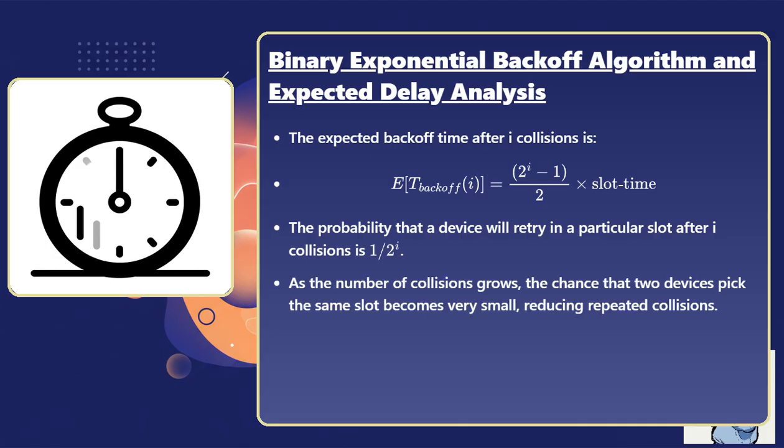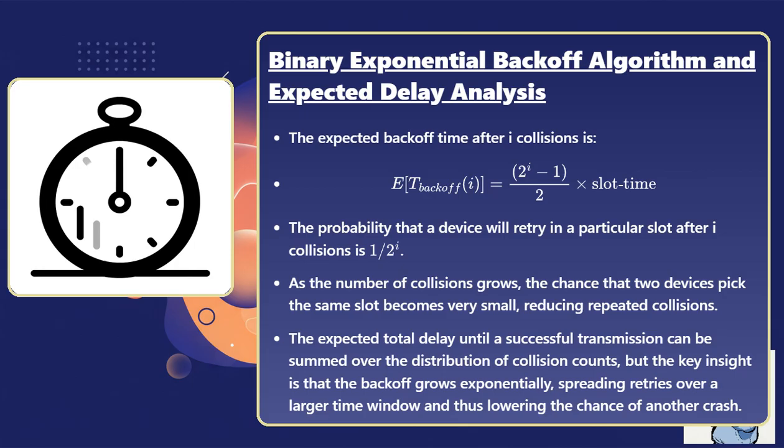As the number of collisions grows, the chance that two devices pick the same slot becomes very small, reducing repeated collisions. The expected total delay until a successful transmission can be summed over the distribution of collision counts. But the key insight is that the backoff grows exponentially, spreading retries over a larger time window and thus lowering the chance of another crash.